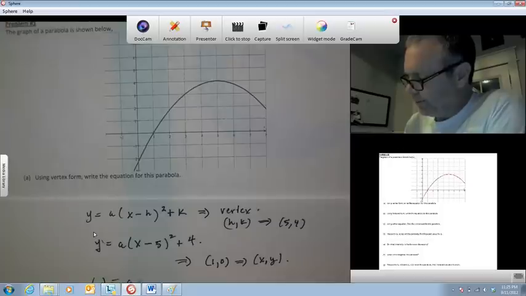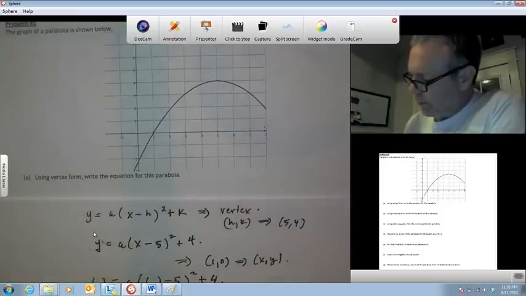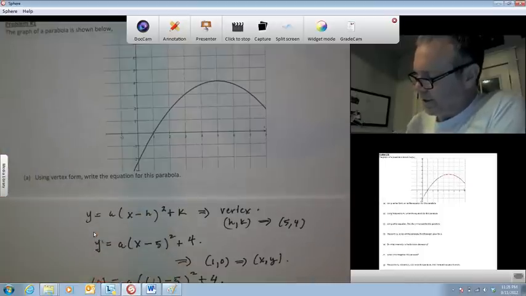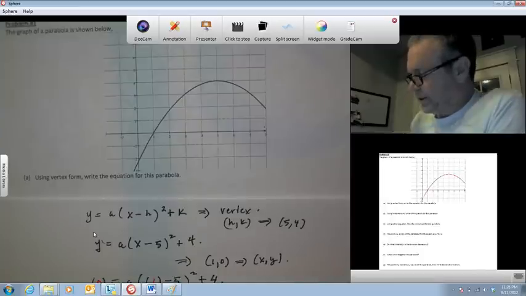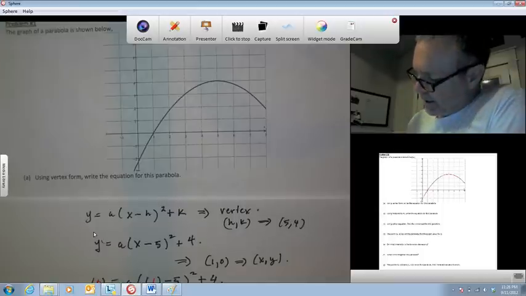Writing that out, I'm going to write it out like this. Then we put the 1 in for the x and the 0 in for the y, and solve for a. We get (-4)^2 + 4 = 0.